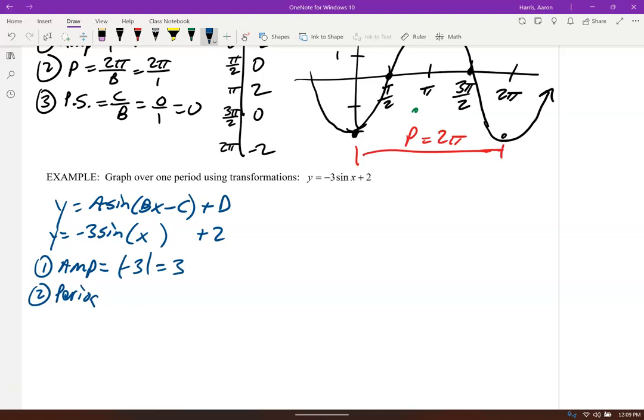Period here is 2 pi over b. Our b here is 1. So the period is just 2 pi. And the phase shift, again, our c value is 0, and our b value is 1. So our phase shift is 0. That's where we're going to start.